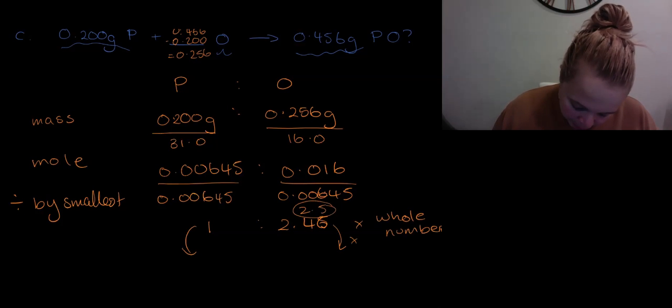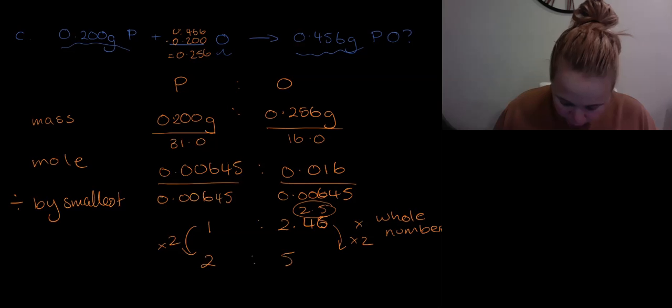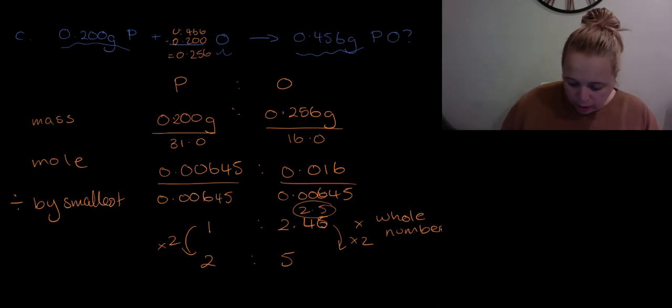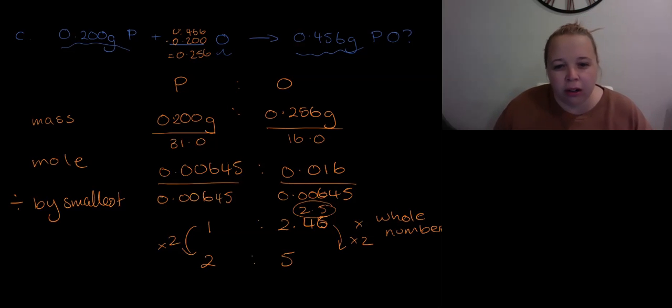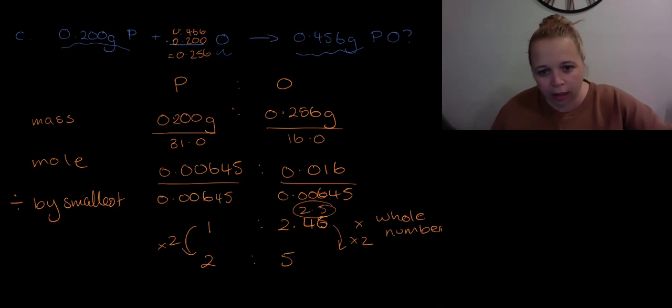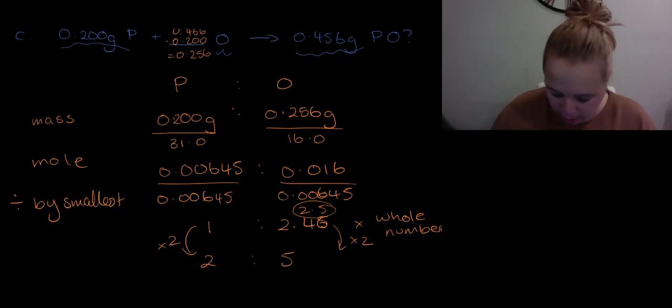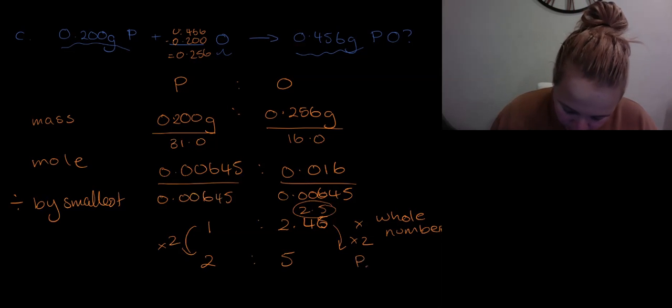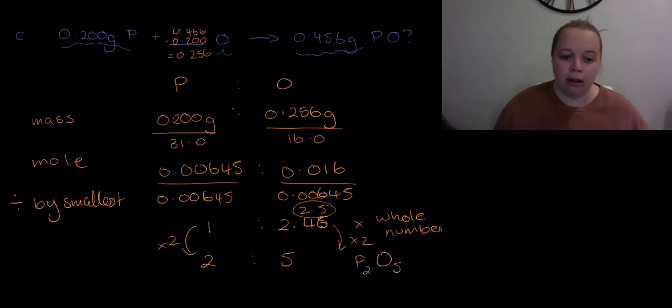So I'm going to multiply it by 2, and I'm going to end up with a ratio of 2 to 5. That's very close. Now, it's not an exact number, and that's due to sig figs and the like. But what we have here is P2O5, which is going to be our empirical formula.